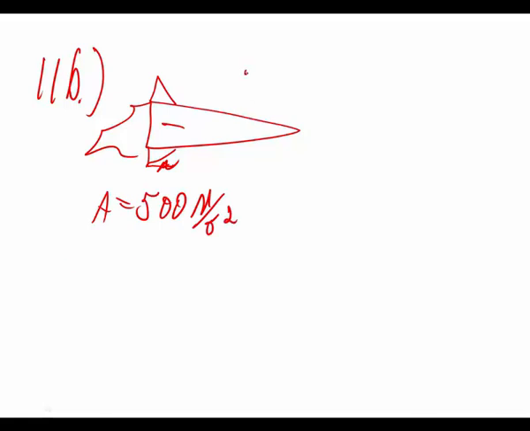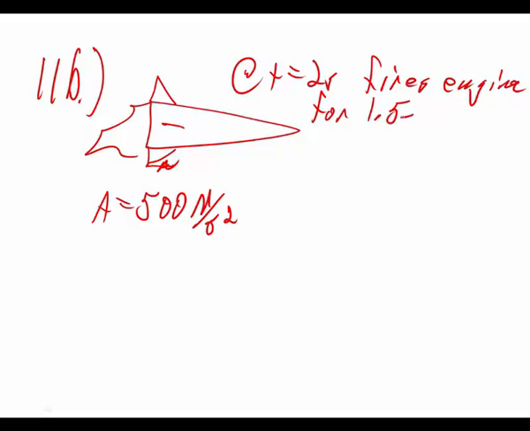So it starts at 2 seconds. It fires the engine for 1.5 seconds. So t initial is what? 2 seconds. t final is what? 3.5 seconds. So we want to find the impulse.